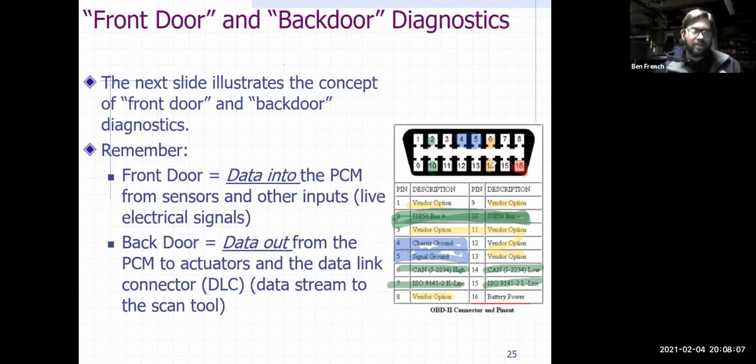But there are going to be a couple standards, and that is that you're going to have power going to pin 16, you're going to have grounds on pins 4 and 5, and a couple other wires are going to be whatever communication protocol it's speaking. So at the very least, you're going to have 1, 2, 3, 4, 5 of these pins being used. All right.